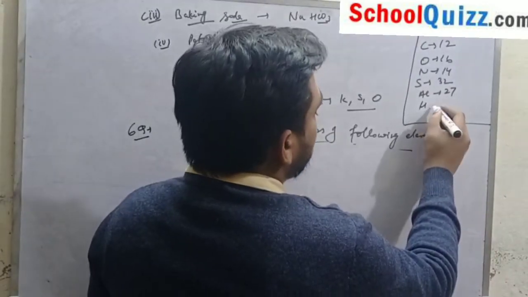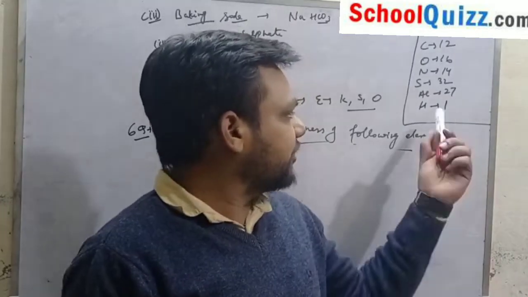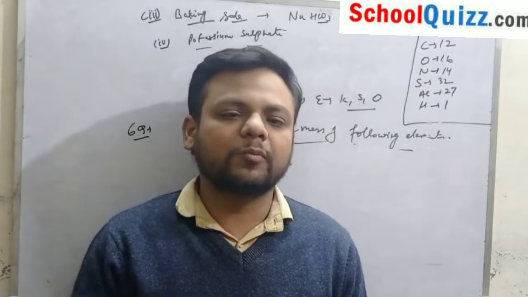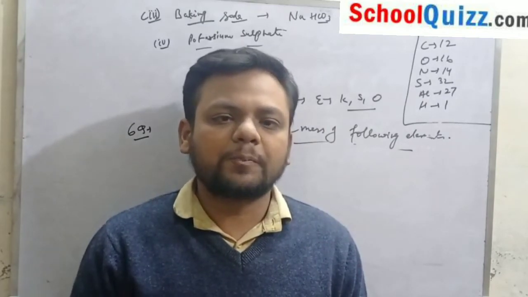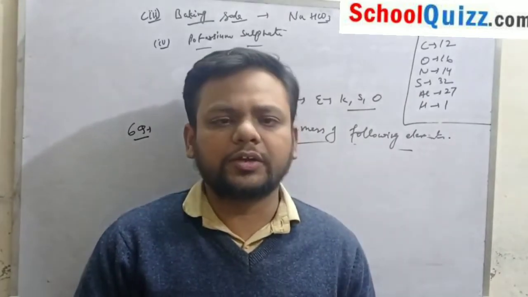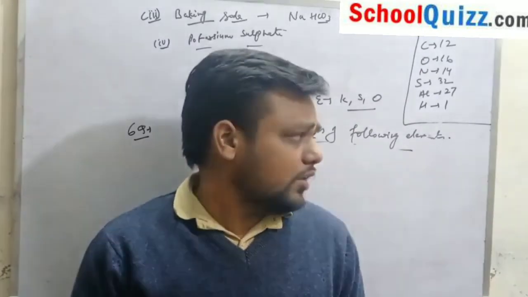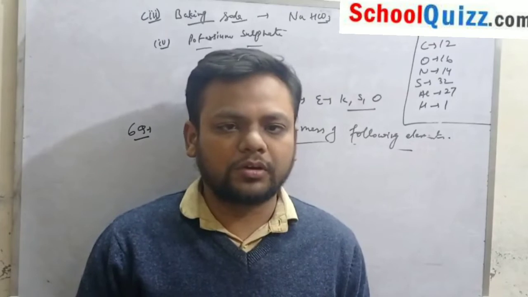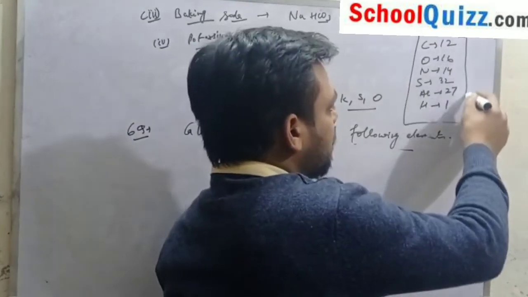Hydrogen you also know, that is 1. On the basis of these we can easily solve our question of calculating the molar masses. You don't need to remember all the atomic masses, only the atomic masses of some elements.